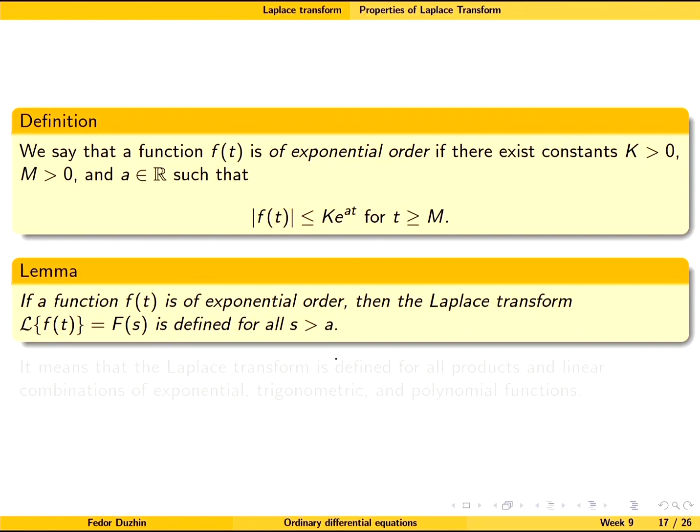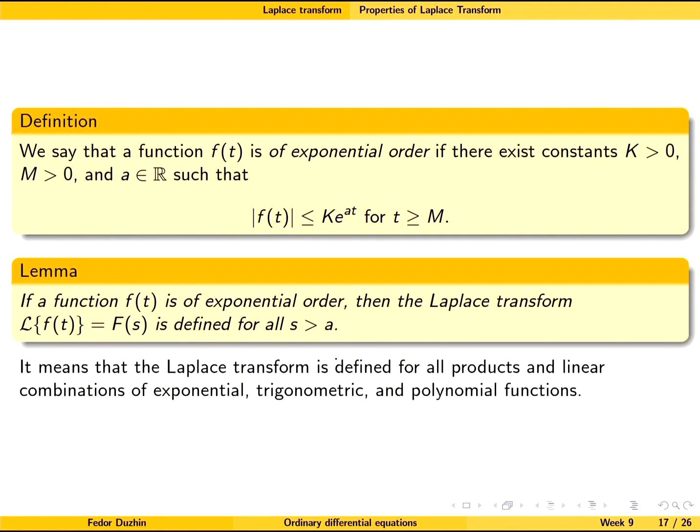So if a function is of exponential order, then the Laplace transform is defined for all s that are bigger than a. So it means that clearly all polynomials are of exponential order, with a being any positive number. Any polynomial or any rational function grows slower than any exponential with a positive exponent.